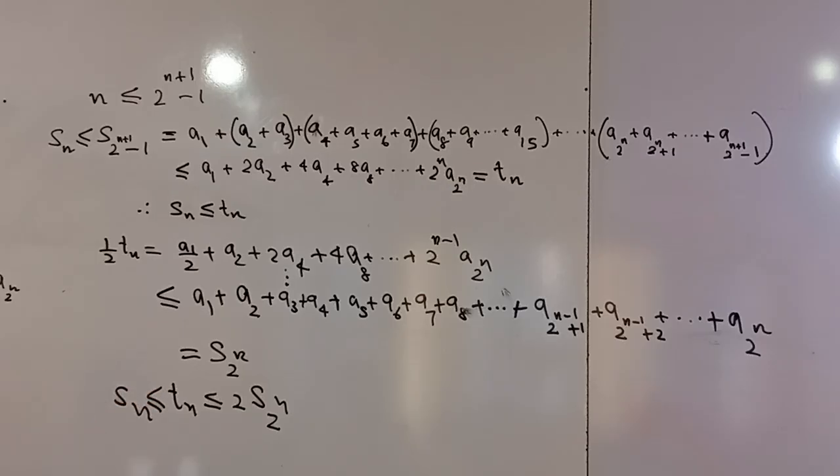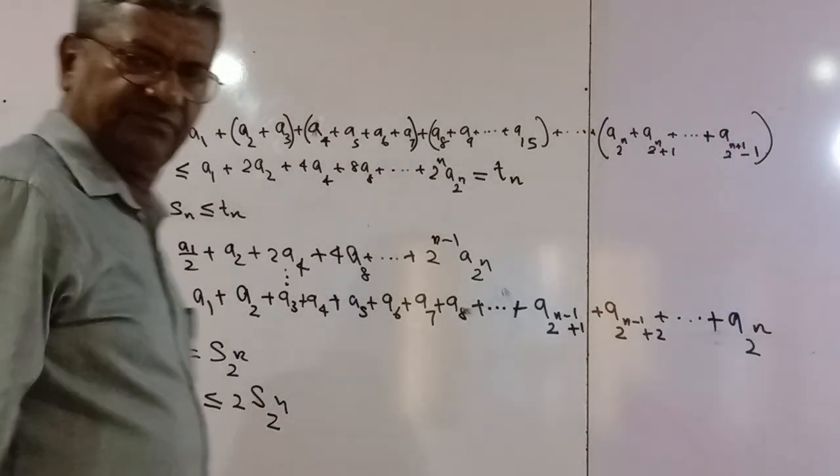So if Sn is bounded above by capital M, Tn is bounded above by 2M. And if Tn is bounded above by capital N, then Sn is bounded above by capital N. Since both are increasing, one series is convergent if and only if the other is convergent.